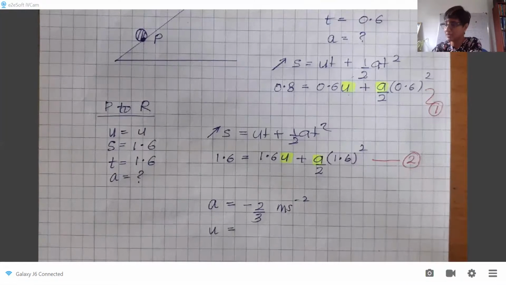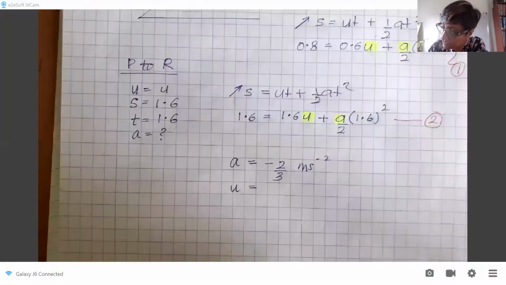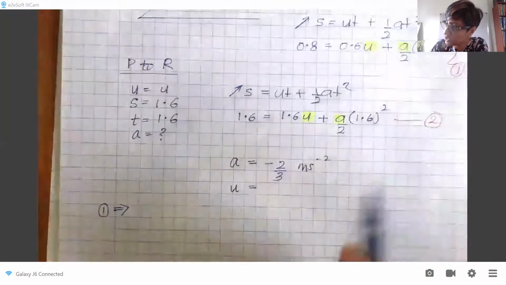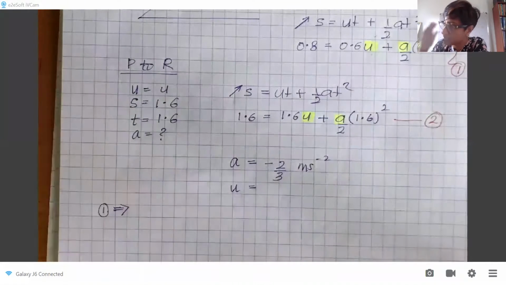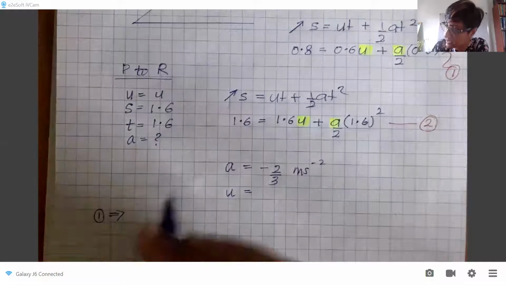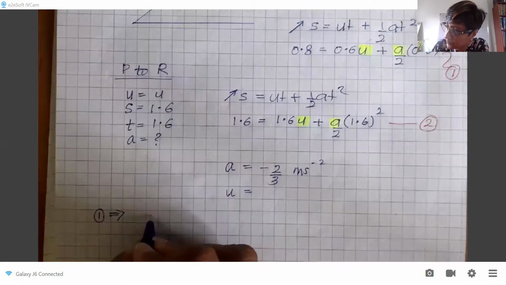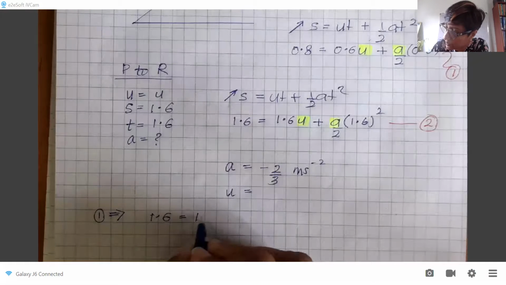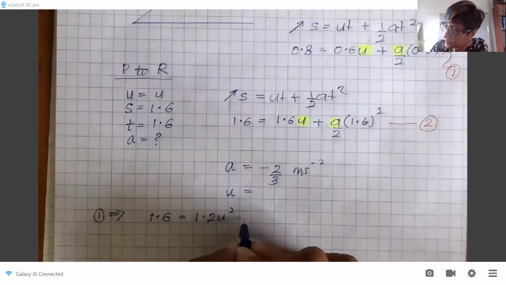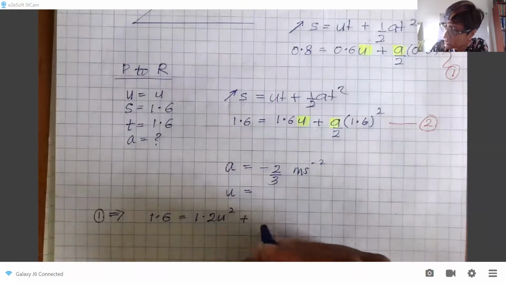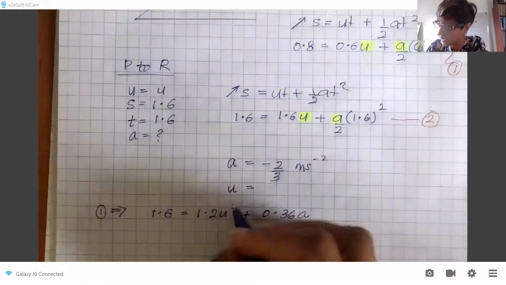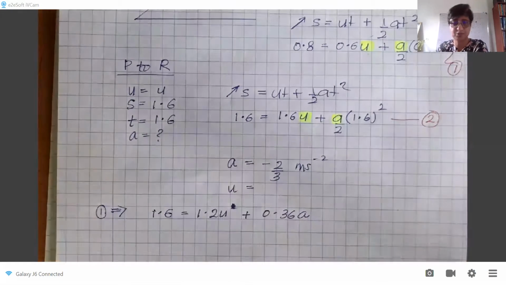Okay, you know what? I'm going to do it quickly here. So the first equation, if I multiply everything by 2, and also by, let's see, 1.6 is equal to 1.2 u plus 0.36a. Sorry, what is u squared? No u squared, it's just u.